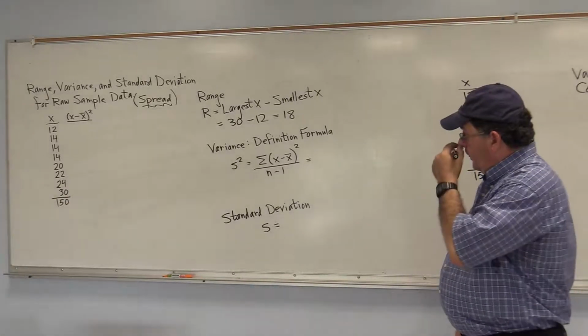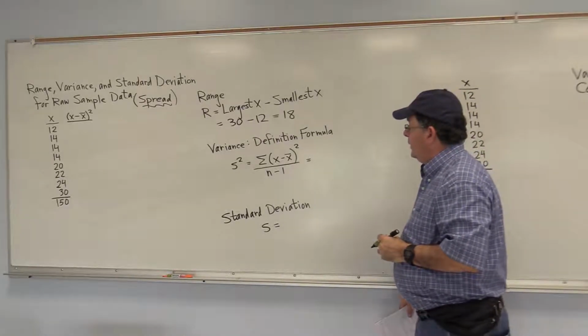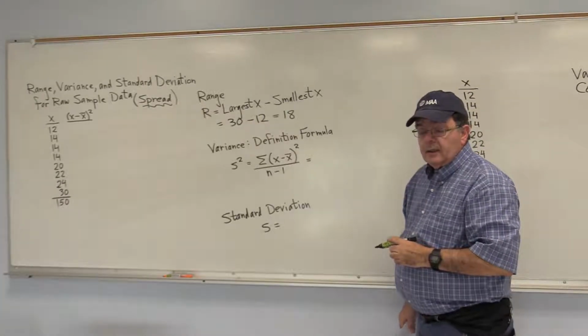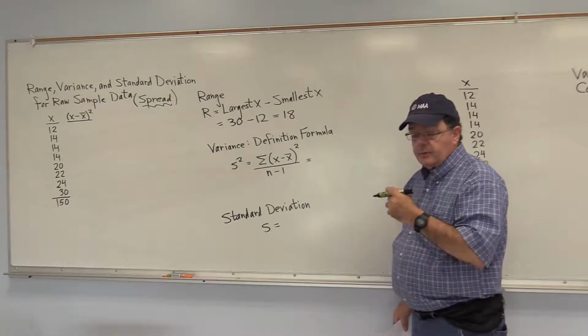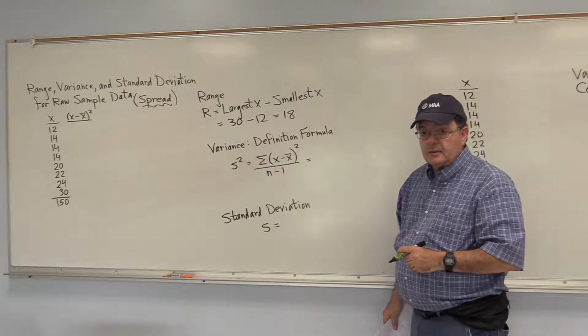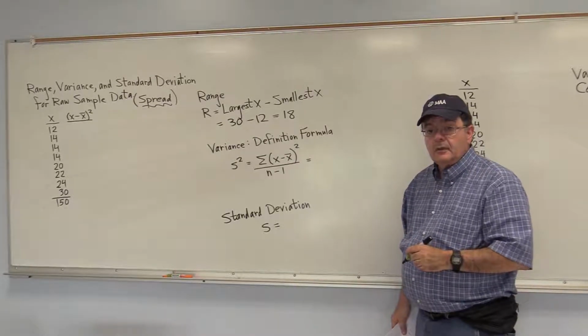Right. Now, there are two ways to calculate the variance. I'm going to show both ways and let you decide which formula you like best, because both formulas will give you the exact same answer. The two formulas are actually identical, even though they don't look the same.